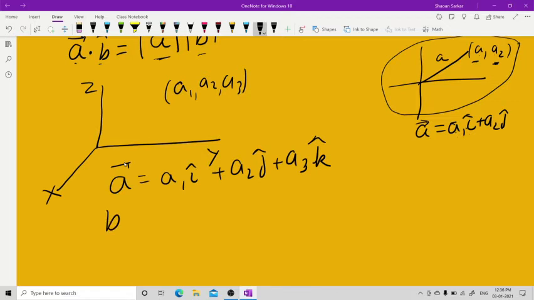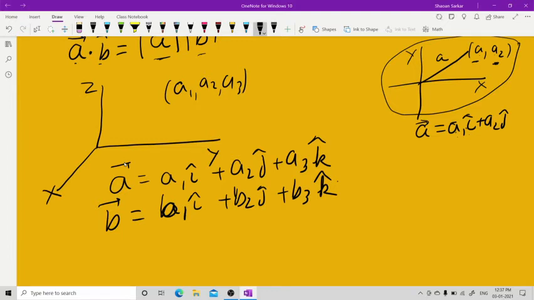Similarly for B vector, you will write B1 I cap plus B2 J cap plus B3 K cap, right? Because they are the coordinates in the space, and this was in the coordinate plane, the x and y plane. So this is the way you write.